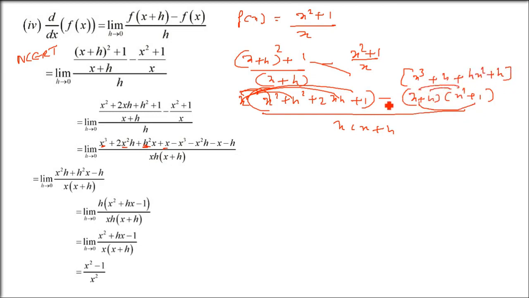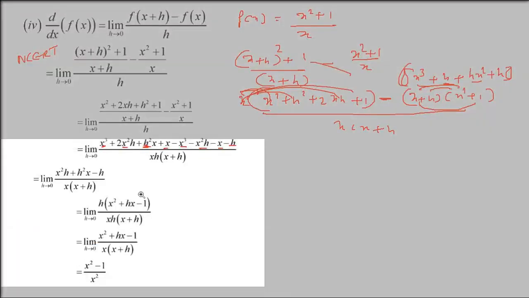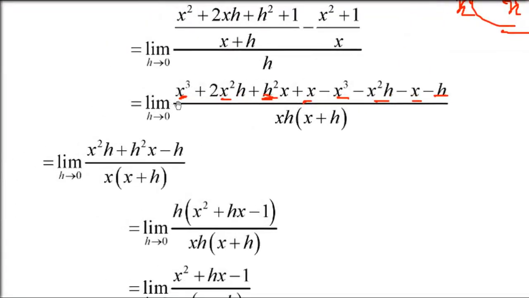Now just open this. When you open the negative, it will all be negative. So this is minus h x square and minus h. Let me show you what gets cancelled. x cube and x cube get cancelled.